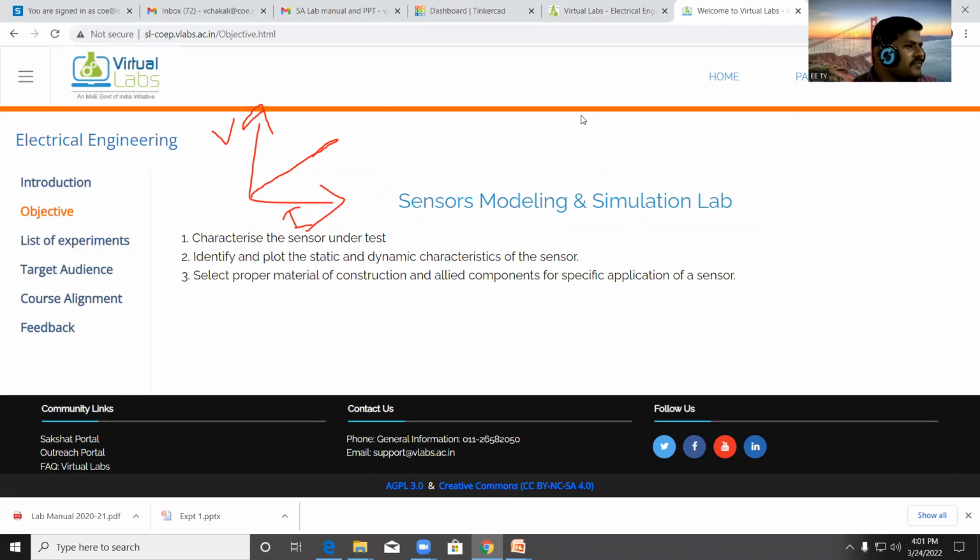What happens? It will break, or it may be damaged. Why? A simple example I am telling. It is a highly resistive material. When temperature increases, if it is running for a long time, or suddenly current flows through that coil, it increases. Again I square R, that means temperature increases as per the heat law.